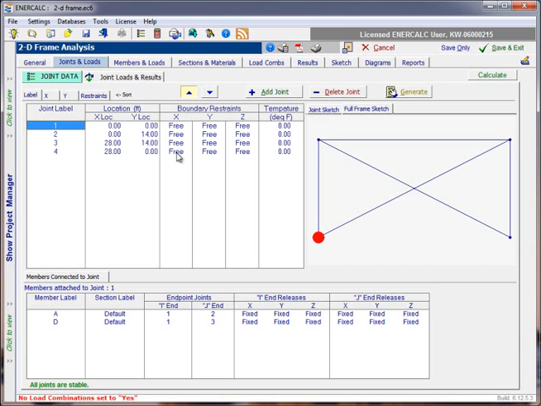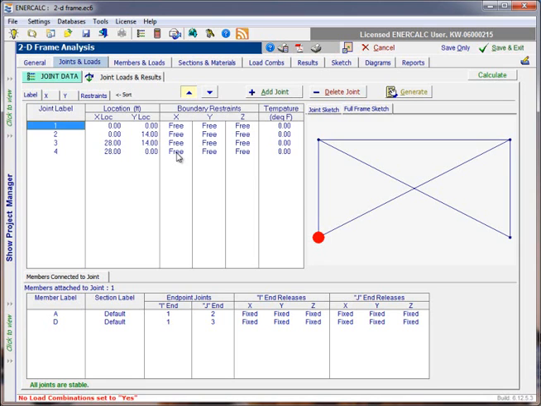And two, we have an absolute mathematical need to guarantee stability to all of the joints in the model, or else the model won't run. We won't be able to analyze it at all. It gets interesting at times because in certain situations there are more than one way to ensure that stability and to achieve that desired behavior by a combination of fixities, member end fixities, and boundary restraints.